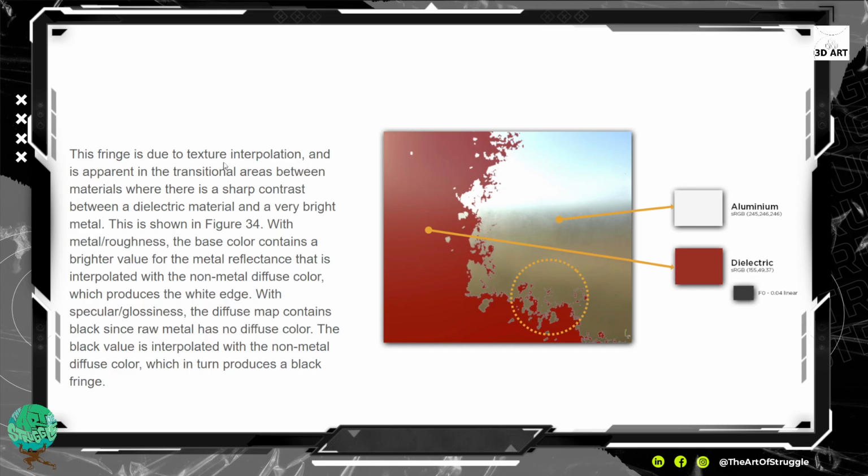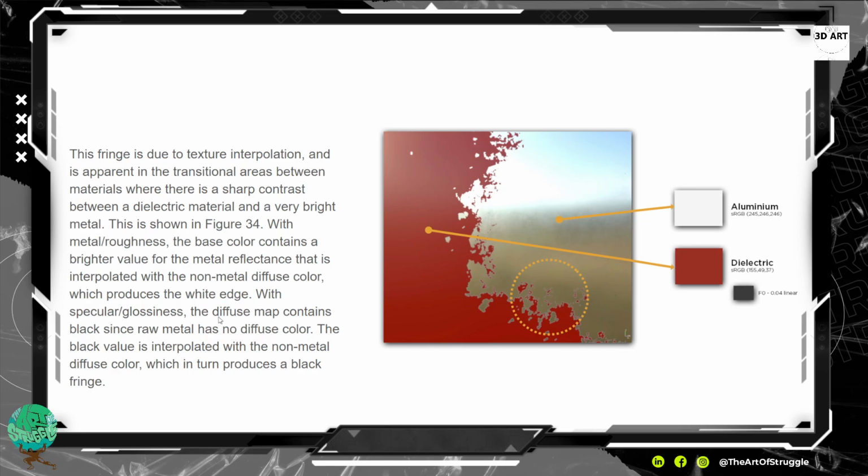This fringe is due to texture interpolation and is apparent in the transitional areas between materials, where there's a sharp contrast between a dielectric material and a very bright metal. This is shown in the figure right here. With metal roughness, the base color contains a brighter value for the metal reflectance that is interpolated with the non-metal diffuse color, which produces the white edge.